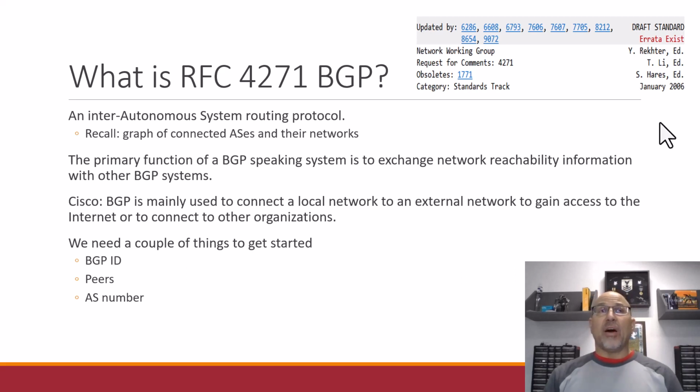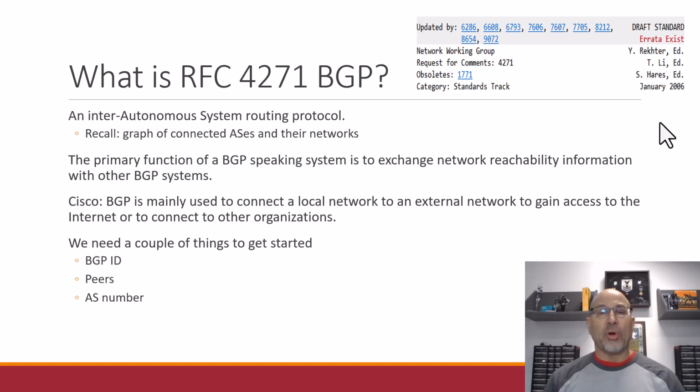If we think of a network as a graph, we could be talking about a layer 2 graph, or a layer 3 graph where the routers are the vertices and the networks are the edges, or we could be talking about a much larger scope where the graph vertices are ASs, or autonomous systems, and we're providing connectivity to the networks that are part of those autonomous systems. So the primary function of a BGP speaking system is to exchange network reachability information with other BGP systems.